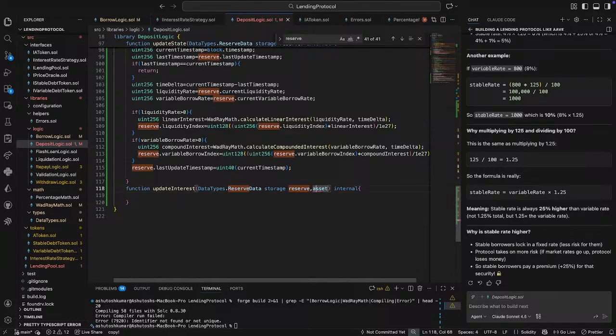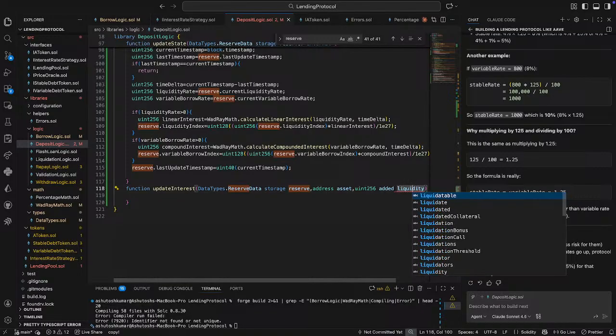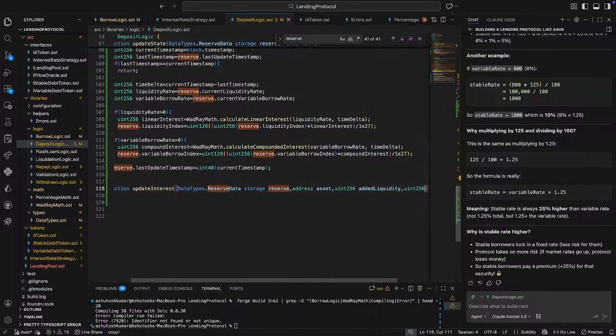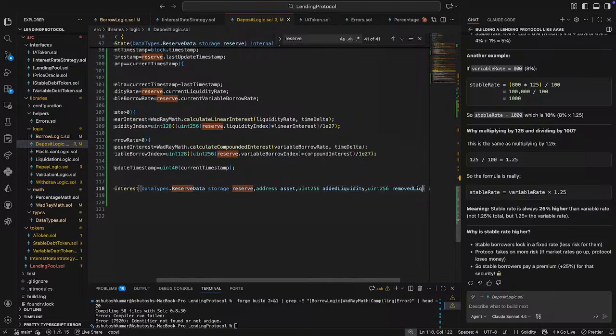Asset is of type address, the address of the asset, then uint256 total liquidity, added liquidity, and you cannot do that, so let's uint256 removed liquidity.